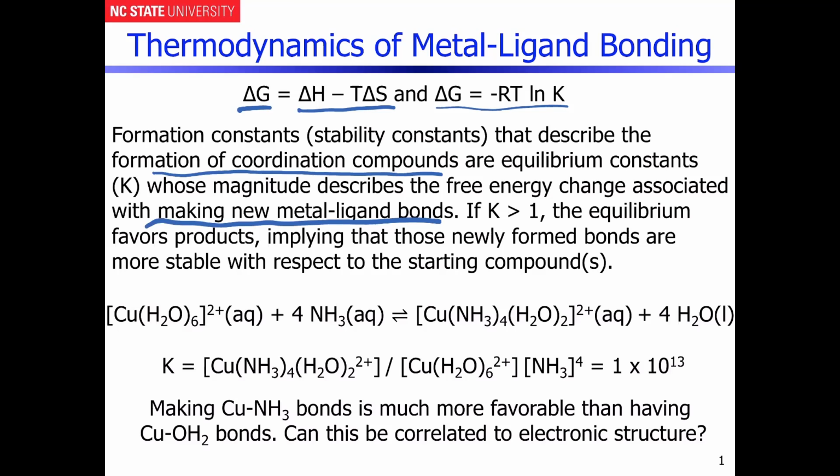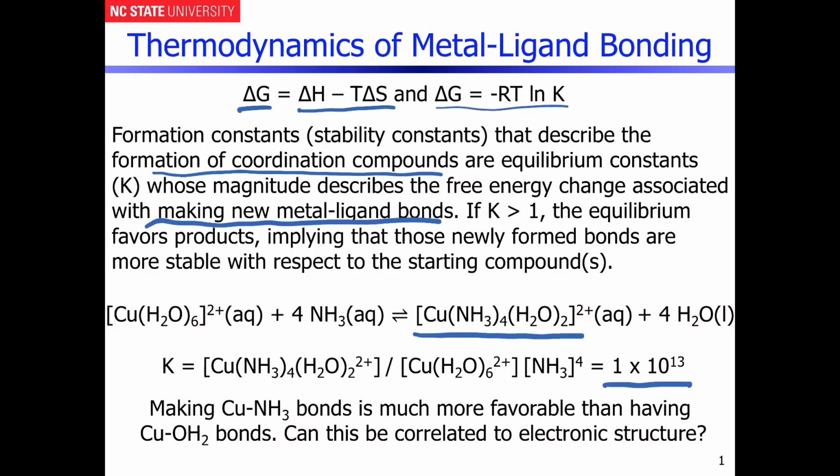And as a result of that reaction, you do form the tetraammine bisaqua complex. And in the end, that reaction has an equilibrium constant, and that equilibrium constant is actually 1 times 10 to the 13th. So that reaction is incredibly favored for product formation, effectively by 13 orders of magnitude.